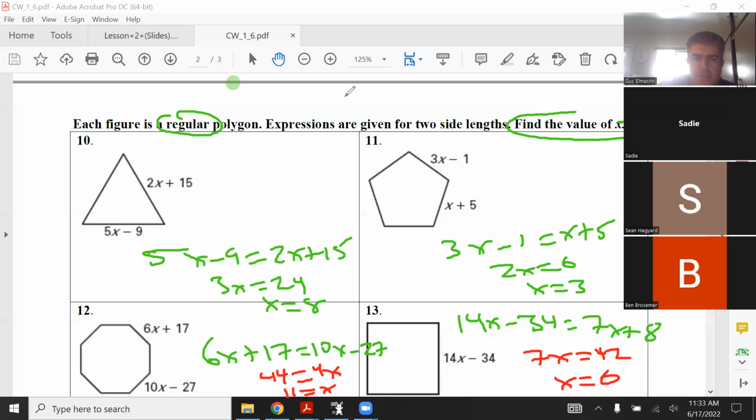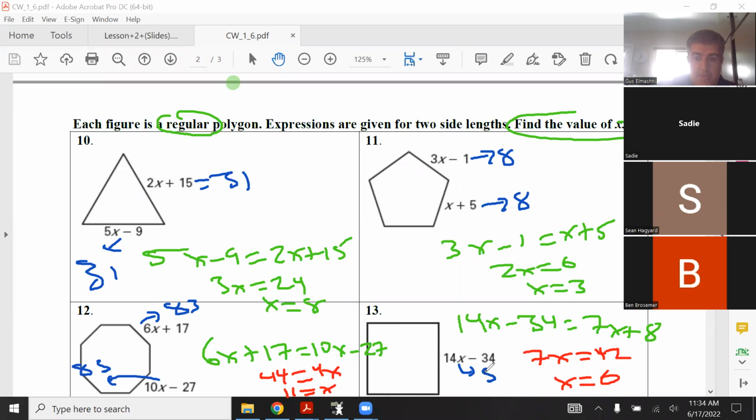Just to be sure, if x is 8, that's 31. That's also 31. If x is 3, that's 8. That's 8. If x is 11, that's 66 plus 17, that's 83. 110 minus 27 is also 83. 84 minus 34 is 50, and that's also 50 right here.